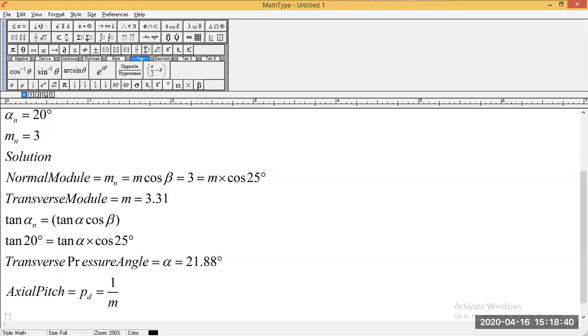We have both data, so you can just substitute that. So this is 1 over 3.31. So what does this give us?